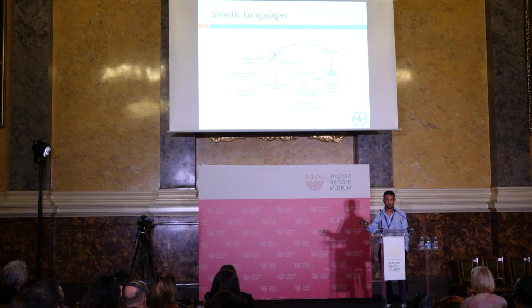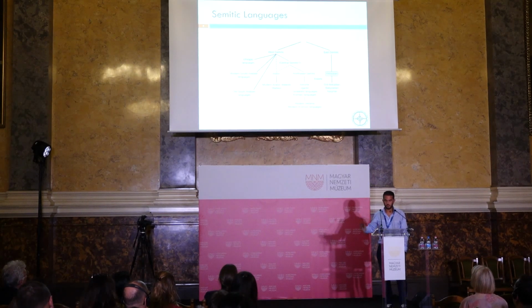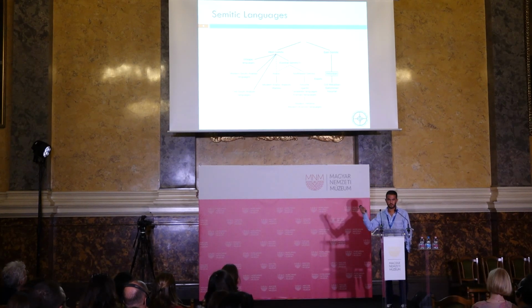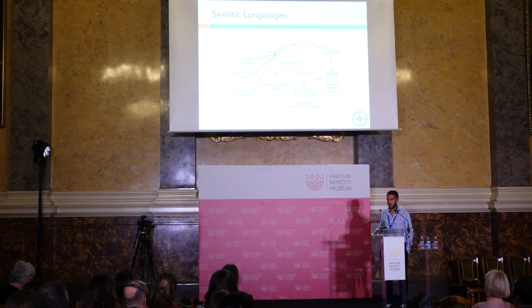Babylonian, Assyrian are dialects of Akkadian. So they use the same cuneiform, and sometimes the signs are a bit different, but they are the same concept. And other Semitic languages we know are Hebrew, Arabic. But yeah, the East Semitic languages are mostly extinct now.